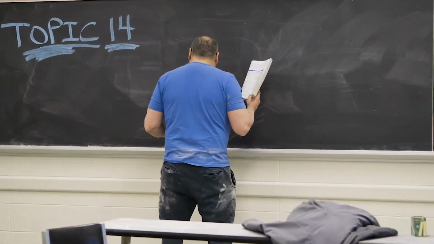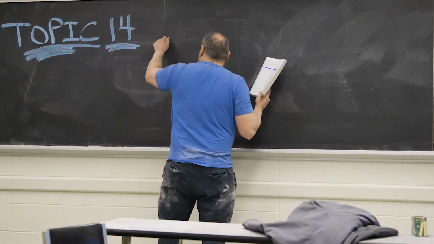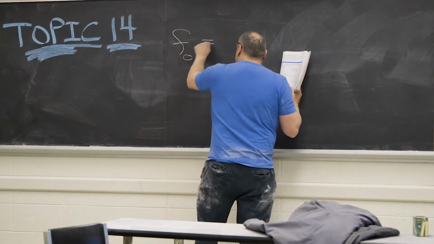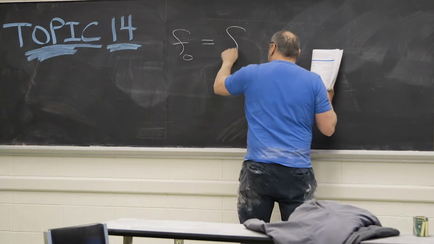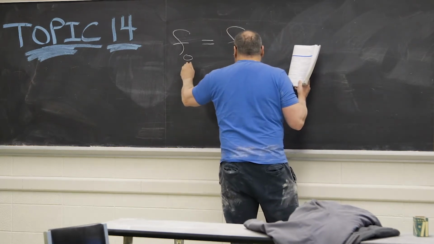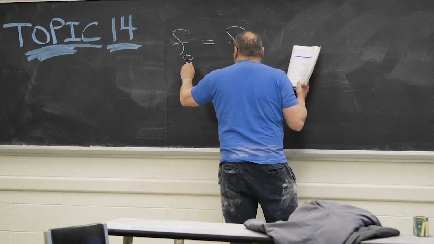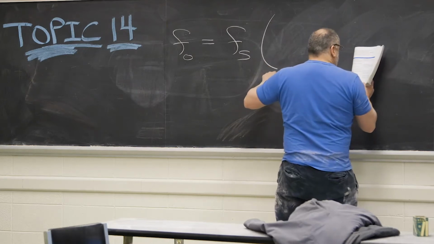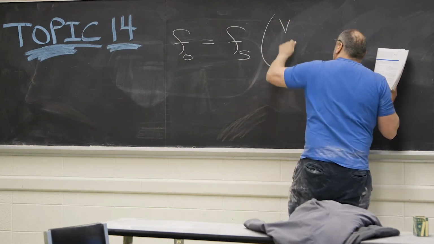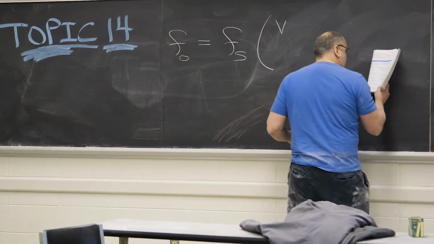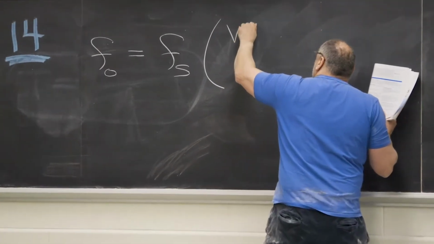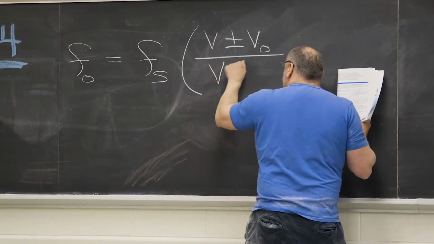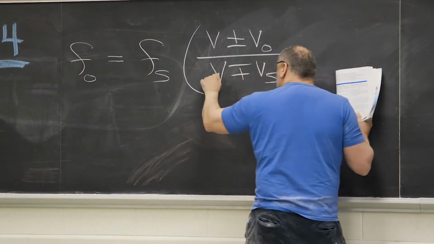Let's look at the Doppler effect in some sense here, guys. The Doppler effect says, and I'm not going with the book's way of doing it, I'm doing kind of my way here, or at least what other books do: the frequency that the observer observes, FO, equals the frequency of the source times the speed of sound plus or minus the velocity of the observer, over the speed of sound minus or plus the velocity of the source.